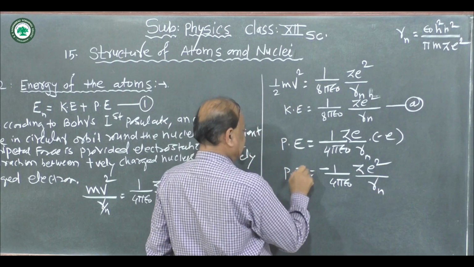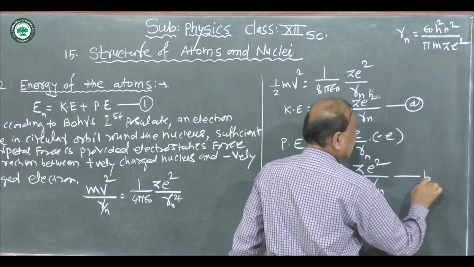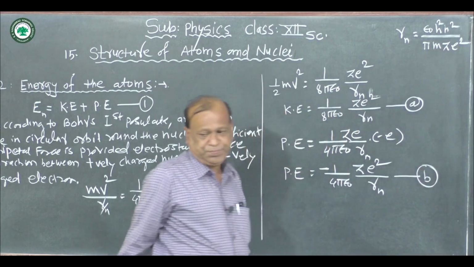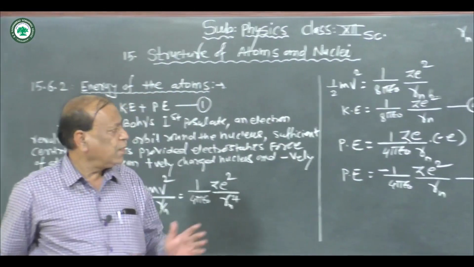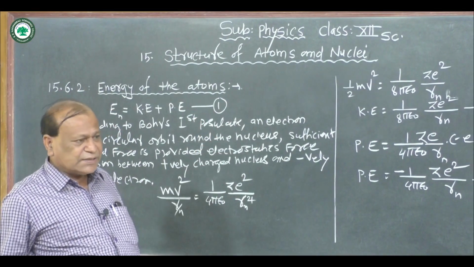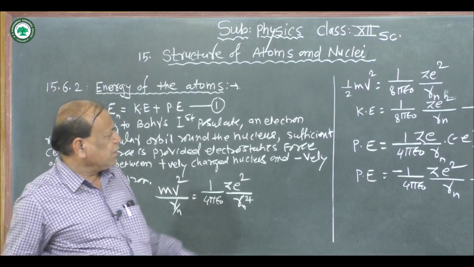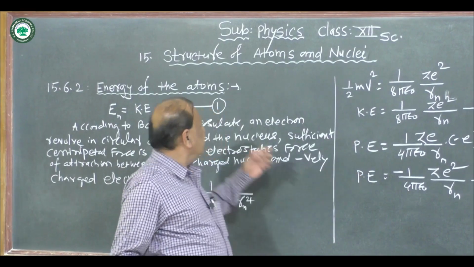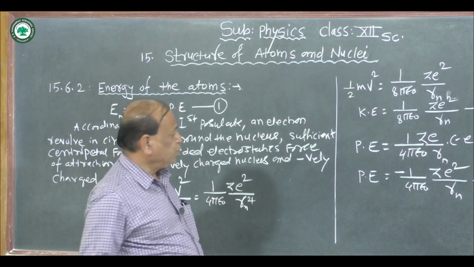This is the potential energy. This is equation number B. In this way, we can easily obtain the values of kinetic energy and potential energy. Put these values in equation 1.